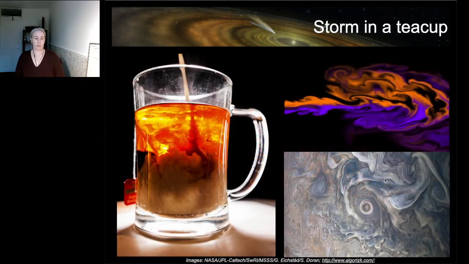So where does this structure come from? A little clue is given here in this slide. On the left-hand side, you can see a hot cup of tea, and being poured into the tea we have some milk. As the milk comes into the tea, it stirs the tea, it's mixing, and you get swirls and eddies forming as these two different fluids mix together.